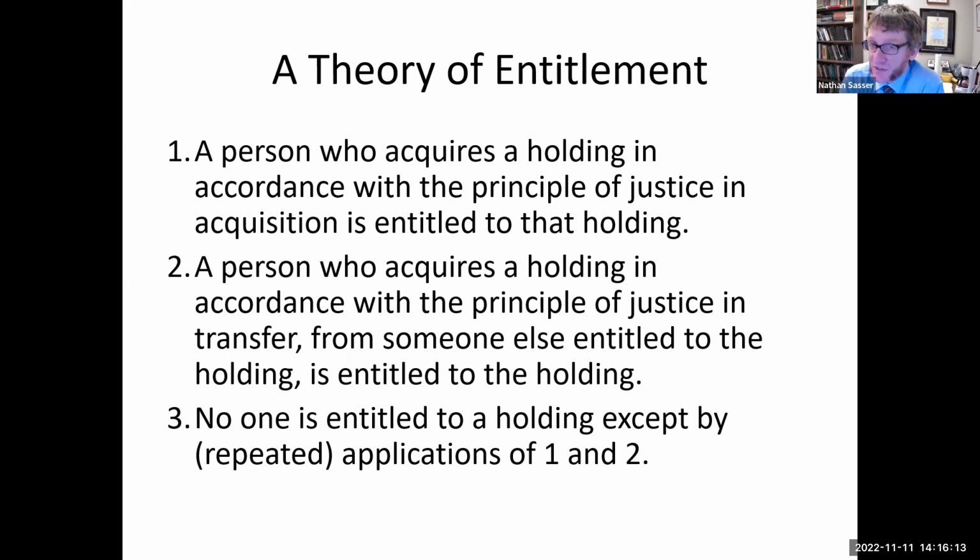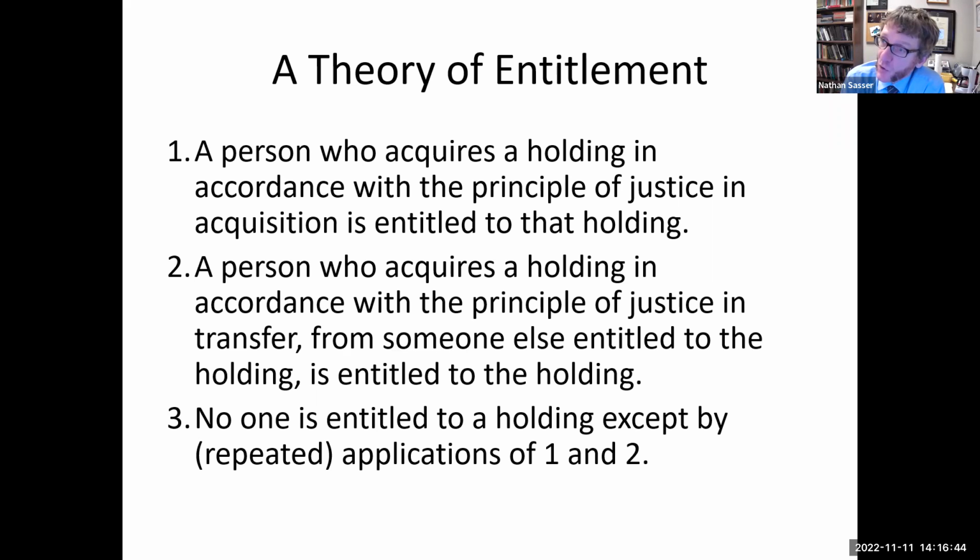However, that general schematism allows him to generate a theory of entitlement. That is, a theory that tells us who is entitled to possess what holdings. So the first principle in his theory of entitlement is this: a person who acquires a holding in accordance with the principle of justice in acquisition is entitled to that holding.